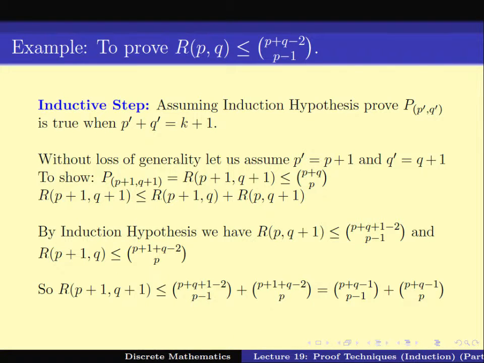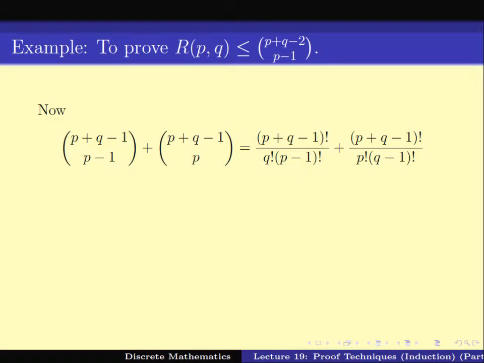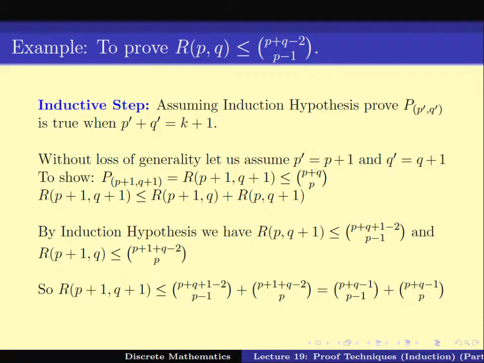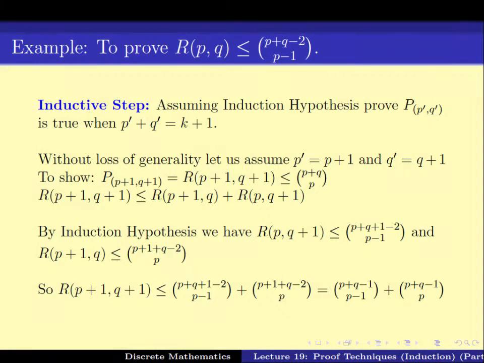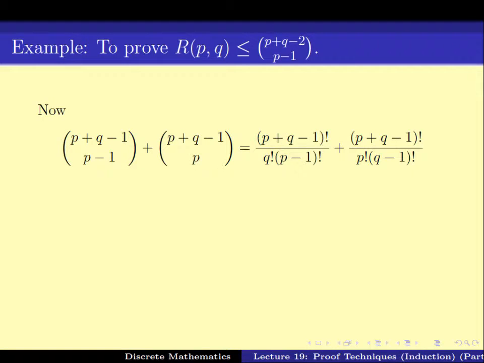Now just to complete the algebra here. All that we are doing is some algebra. So this plus this, which was in the last slide. I have just unfolded the definition: p plus q minus 1 factorial by q factorial times p minus 1 factorial, and so on.